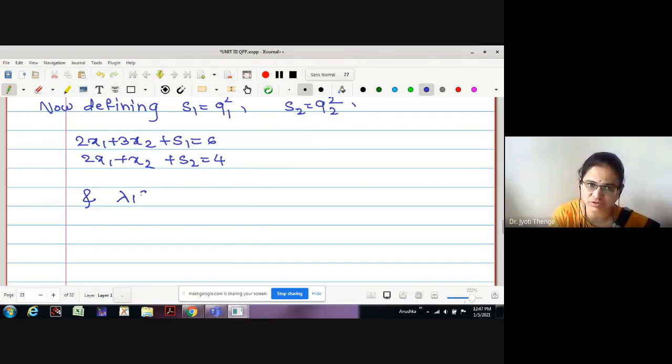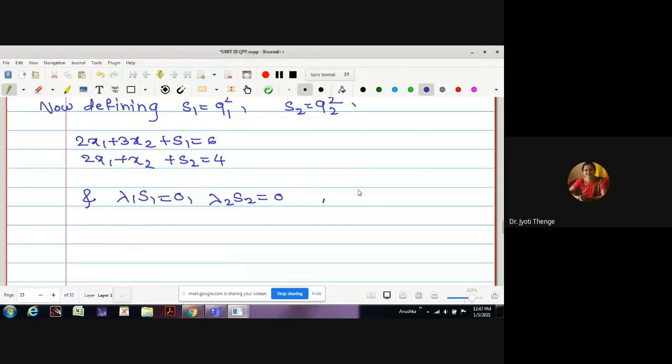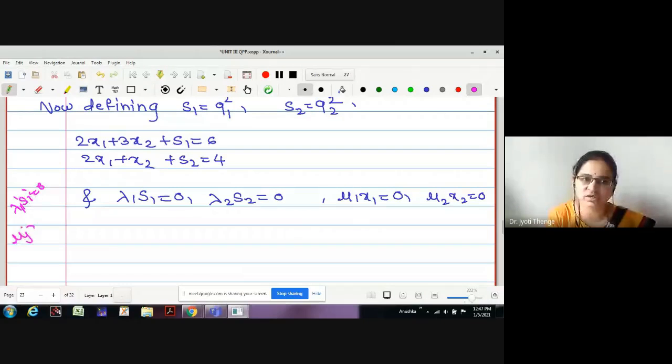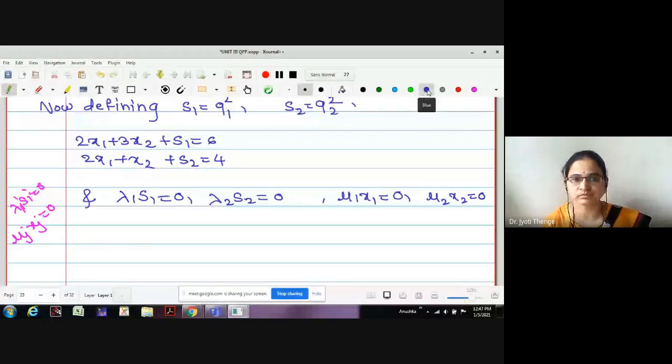Complementary slackness conditions will be lambda 1 s1 equal to 0, lambda 2 s2 equal to 0, where i is from 1 to 2. Mu j x j is equal to 0, again j is from 1 to 2. Therefore, this is mu 1 x1 equal to 0 and mu 2 x2 equal to 0. The format is lambda i si equal to 0 and mu j x j equal to 0, where both i and j run from 1 to 2.